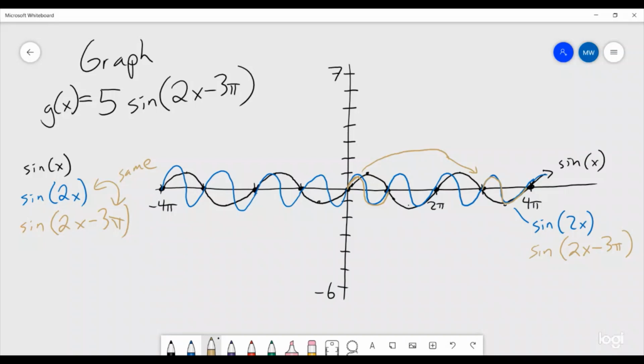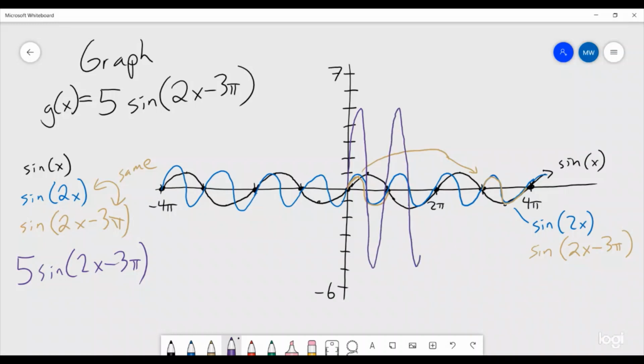But then if we're trying to figure out the last bit, we have 5 times sine of 2x minus 3 pi. What's that one doing? Well, the 5 is on the outside, so it's stretching everything by 5. So instead of having a peak at 1, we'd have a peak at 2, 3, 4, 5. So it's this really steep curve that goes up and then down and then up and then down and then up.